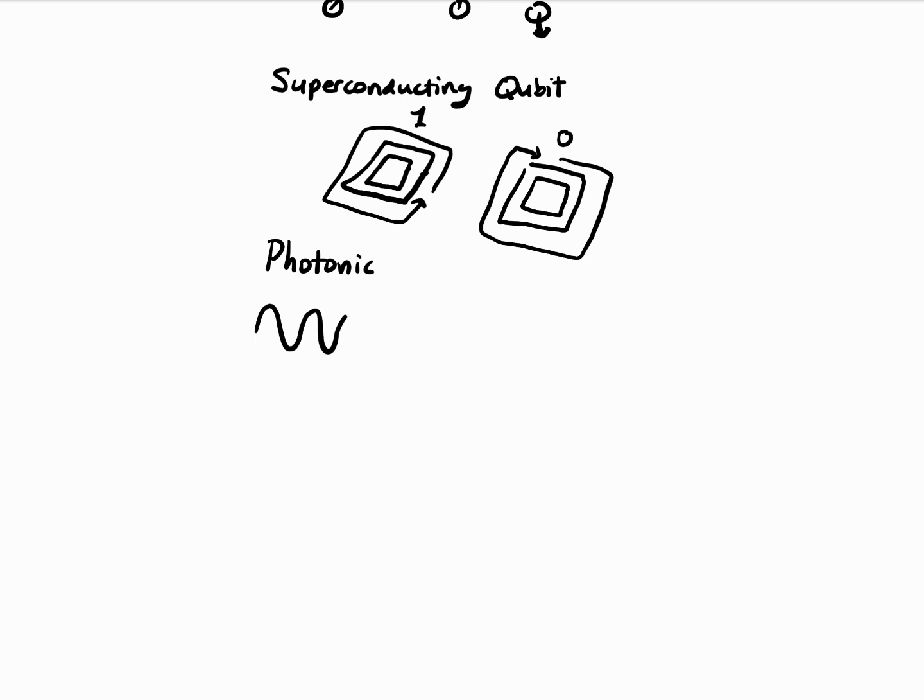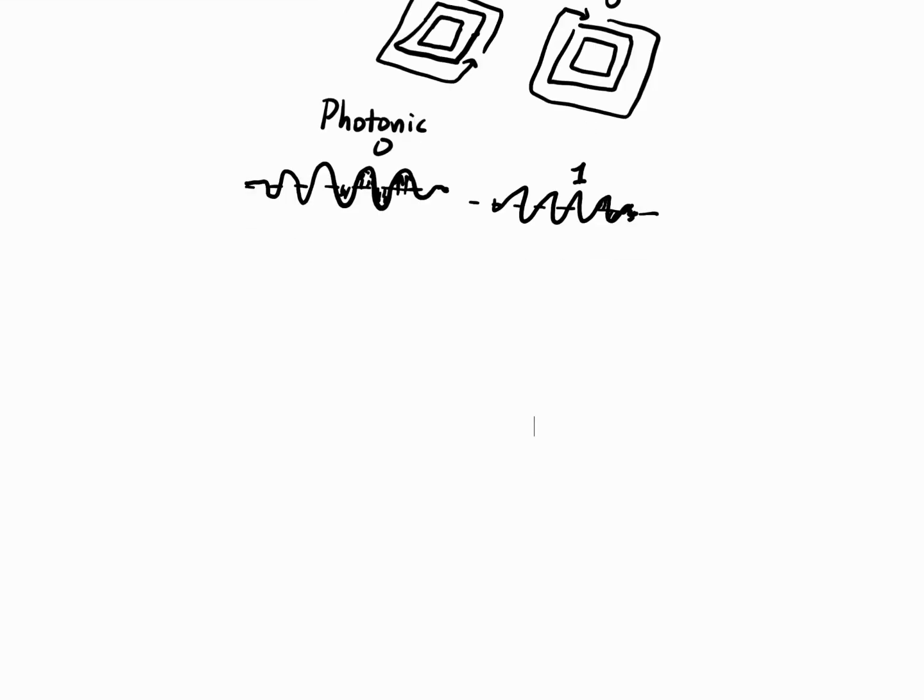So photons are little packets of electromagnetic waves, and for instance, they could oscillate so that the electric field changes from pointing up to pointing down, or they could instead be polarized in the opposite direction, where they are either coming into or out of the screen here. So you can use a vertical polarization as a 0 and a horizontal polarization as a 1, for instance.